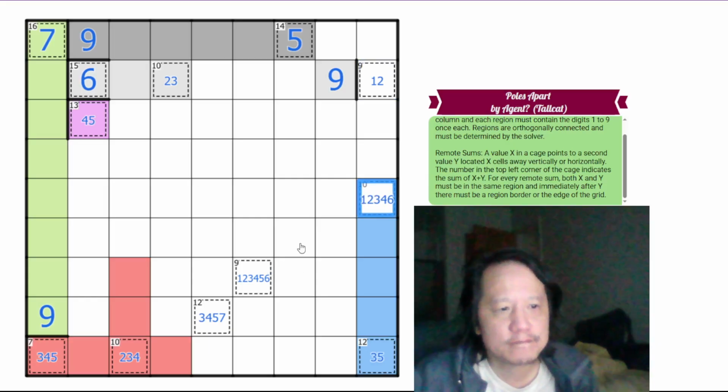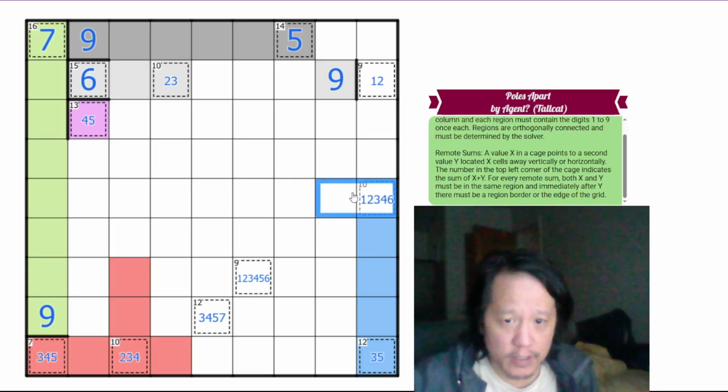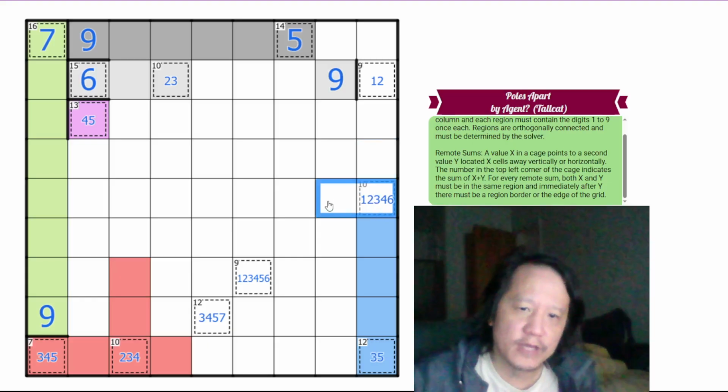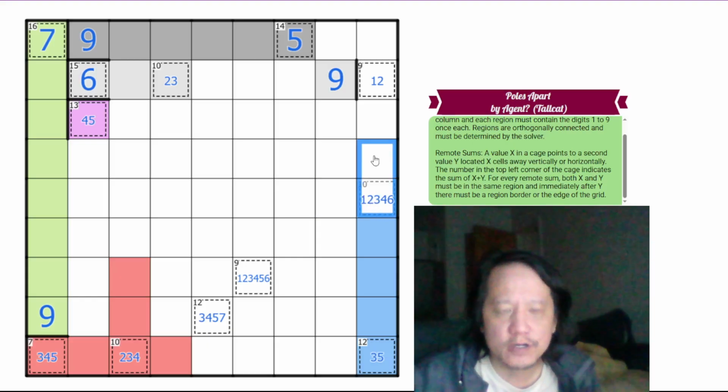Interesting. This cannot be 1 away. If we try to make this 1 away, I guess it could be 1, 9. No, that doesn't work. If we cannot go 1, 9 there, if we try to go 1, 9 here, this has to be 2 and 7.